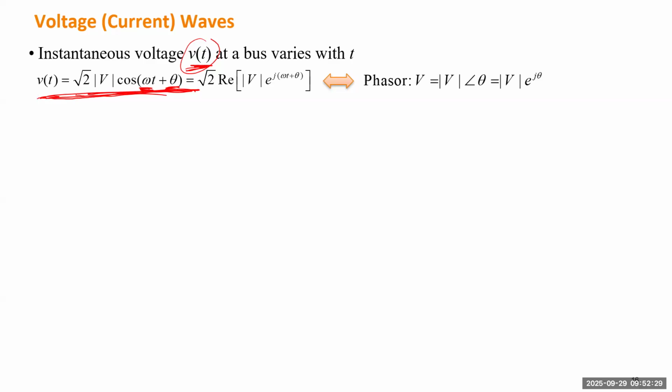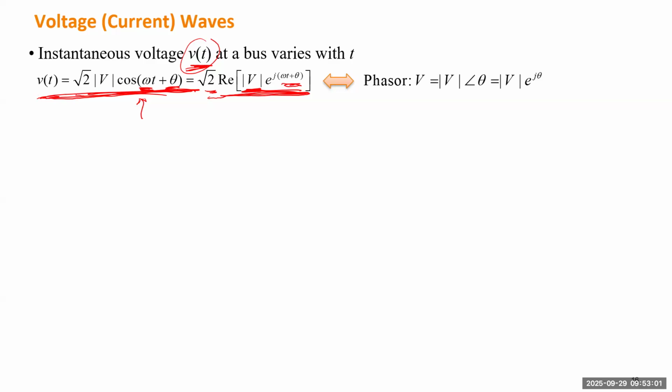For this cosine function, there's another way we can represent it. We can treat it as the real part of a complex number in exponential function form. So we leave the square root of 2 outside, and inside we have a complex number with a magnitude and also an angle, this phase, which is changing with time.